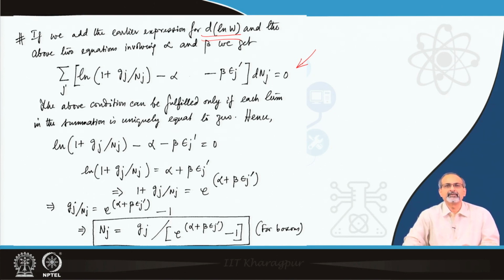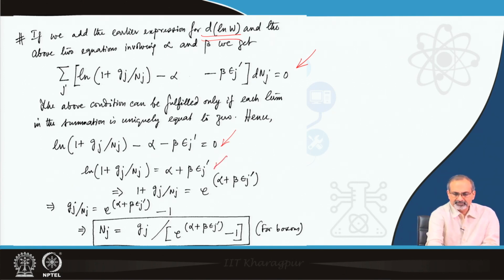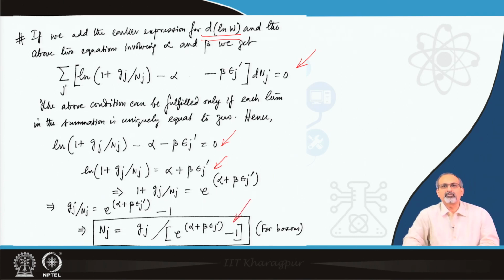Hence, for any quantized level, this expression is true, which gives you a form like this, and if you rearrange, then from there you get a population distribution Nj expressed in terms of Gj, the degeneracy level for that energy level, divided by e to the power of alpha plus beta epsilon j dash minus 1.